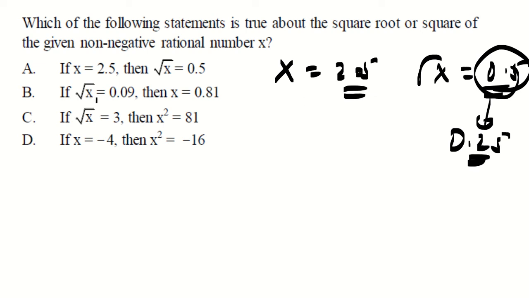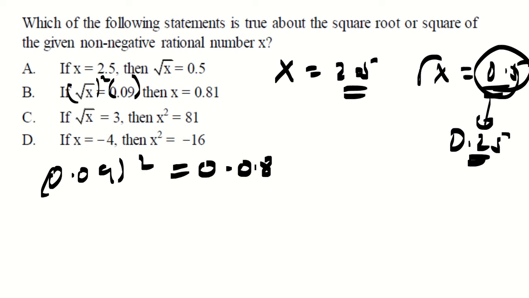Again here, radical x is 0.09. Then x will be, if you square both sides, will it give you 0.81? No, because when you square this one, it will be 0.0081. When you square, you need to count 4 digits after the decimal point.